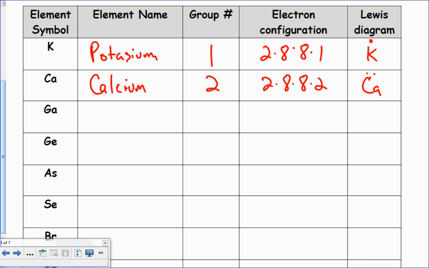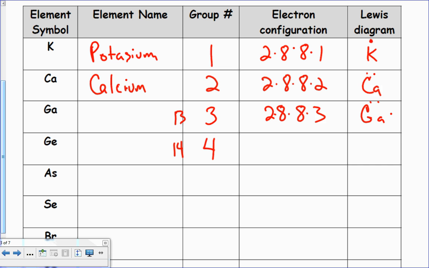Okay, Ga, we're going to move all the way over. So this is a group 3, and it is 2, 8, 8, 3. And that's going to be Ga, 1, 2, 3. Ge is group 4. You're going to see that here where it says groups, it's going to say 3, and on ours it actually says 13, and then it says 14. That's because the groups change for those transition metals that we're going to learn about.